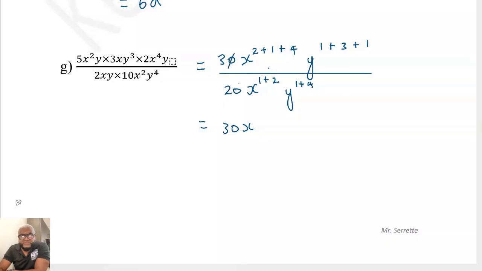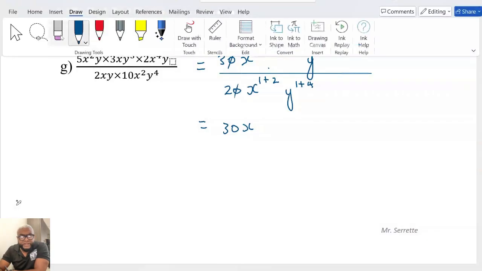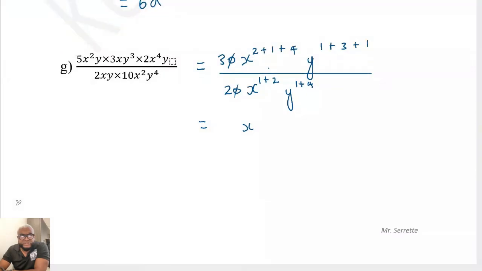We could cancel these zeros here one time, so I just put in 3. So this will be 3x to the power of 7, and then y to the power of 5, over 2x to the power of and y to the power of.